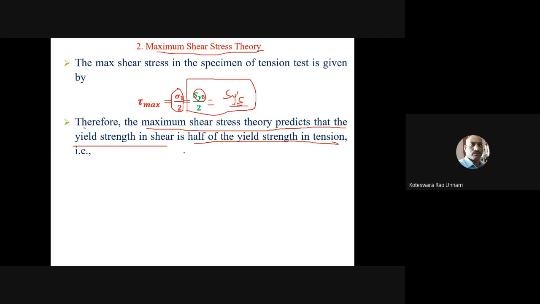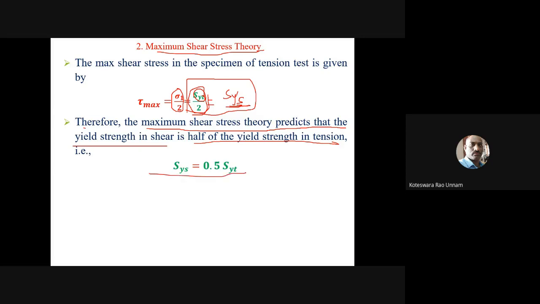If you take the distortion energy theory, it may predict the yield strength in shear differently, a different value. But in the maximum shear stress theory, this is the prediction: the yield strength in shear is half of the yield strength.